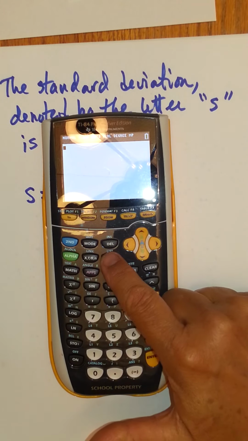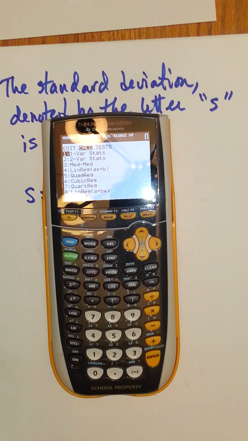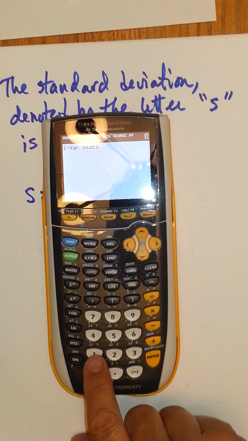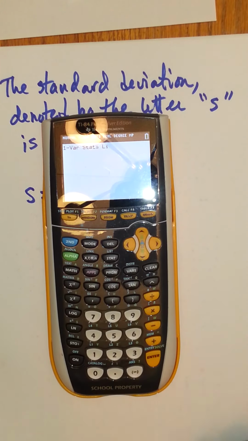Then I go back and I say Stat. I want to access Calc, so I go to the right one. I'm already on one variable statistic, so I can either press 1 or Enter. And then I want to tell the calculator where that list is. Remember, all your lists are above your numeric buttons, so my information is in L1. I want to do second 1 to access L1. Press Enter, and there it is.